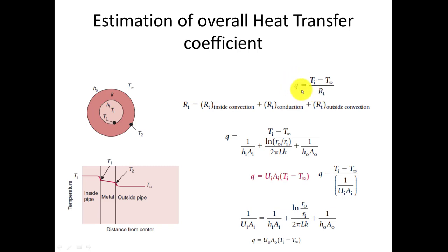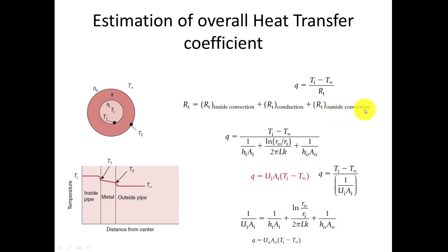So here in this case Q is the rate of heat transfer, Ti minus T infinity is the driving force, and RT is the thermal resistance.